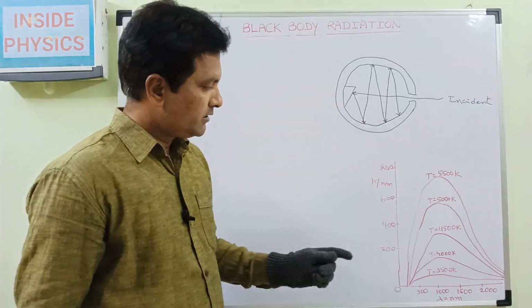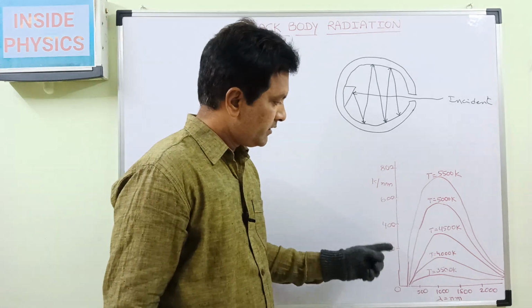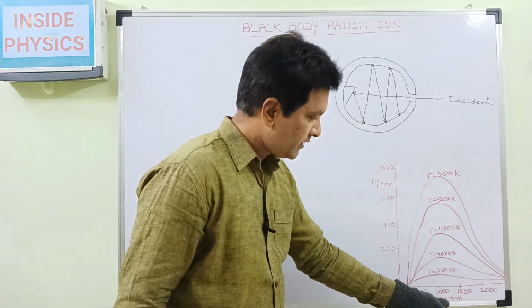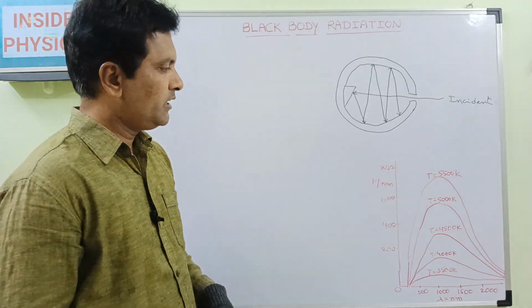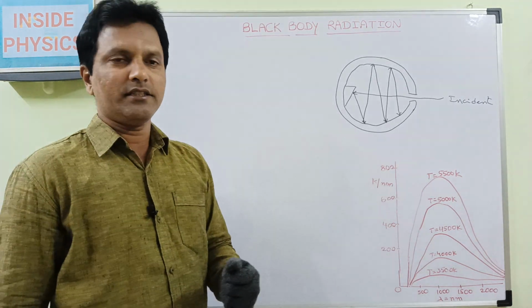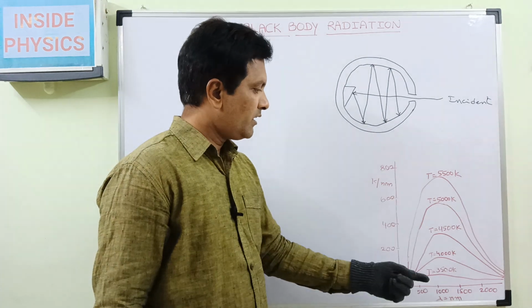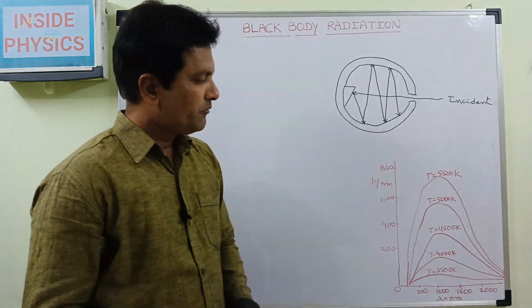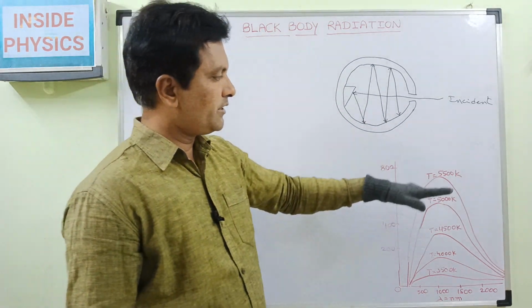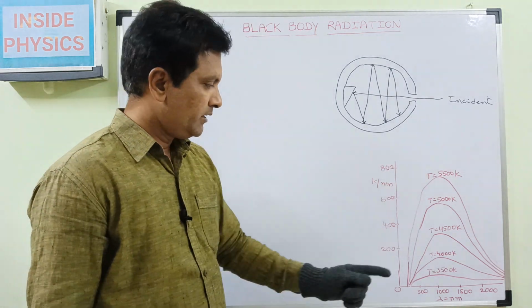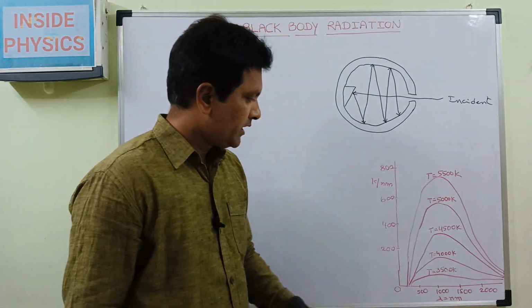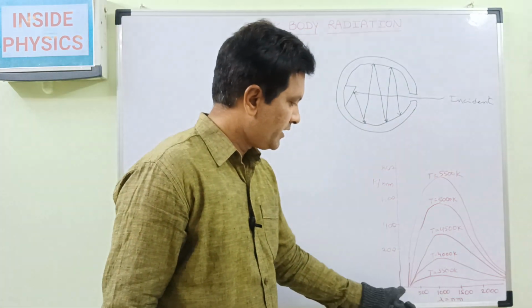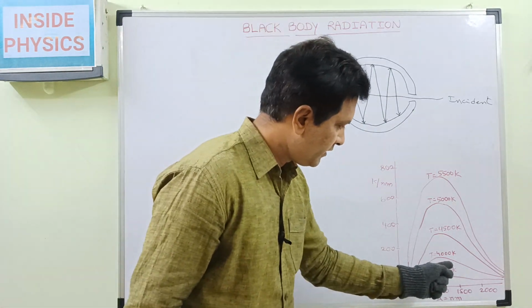In this graph, on the x-axis we have the wavelength of the emitted radiation in nanometers and on the y-axis the radiation intensity, and we plot graphs for 5 different temperatures. At 3500 K, the radiation emitted is plotted with this graph.